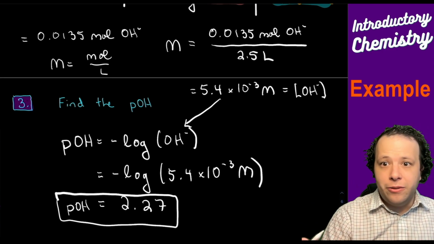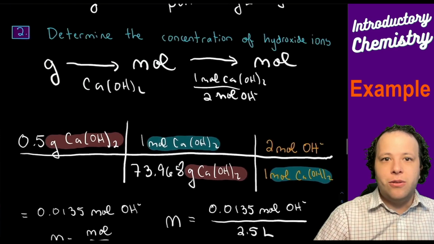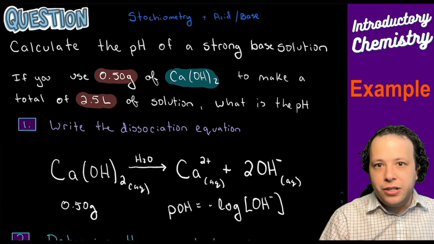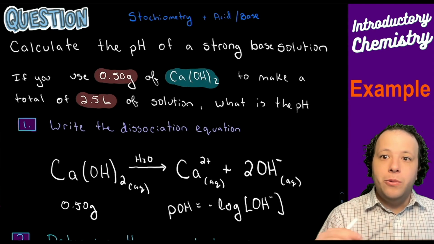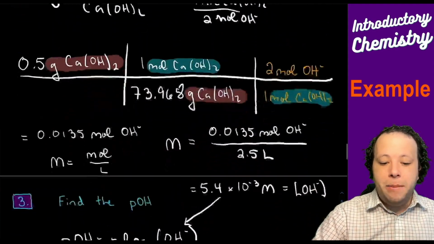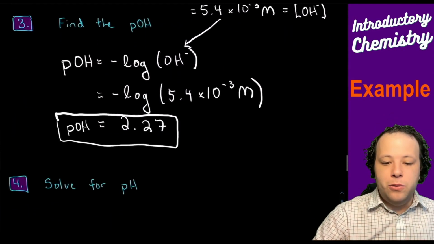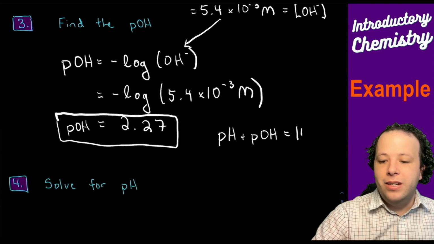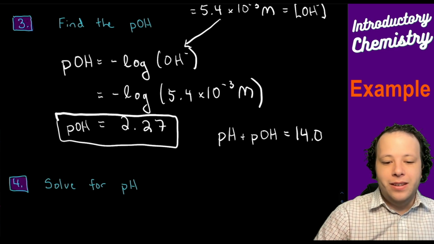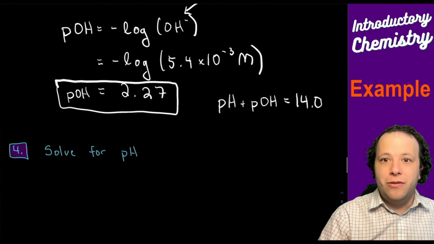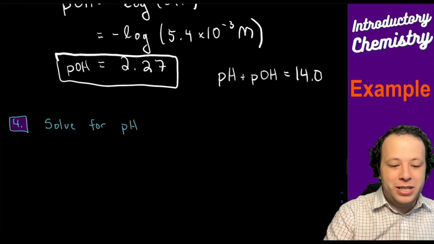Well, let's check the original problem. If we scroll up here for a second, it says, what is the pH? So what's our last step? Well, if you remember, there's a bridge between pH and pOH: when you add them together, they equal 14. So what we have to do is subtract the pOH from the 14 value.